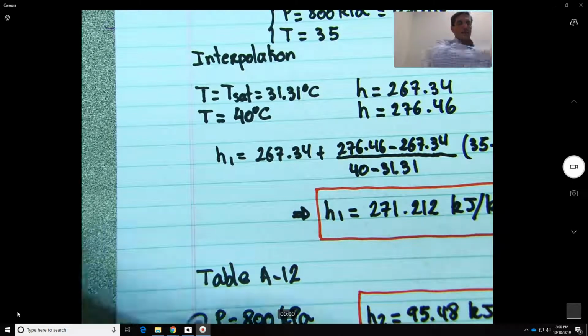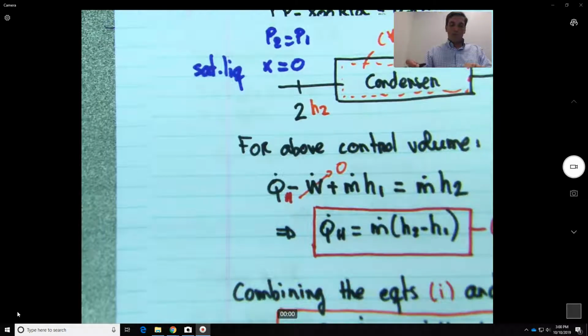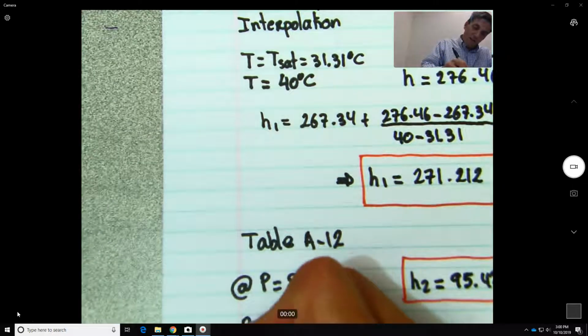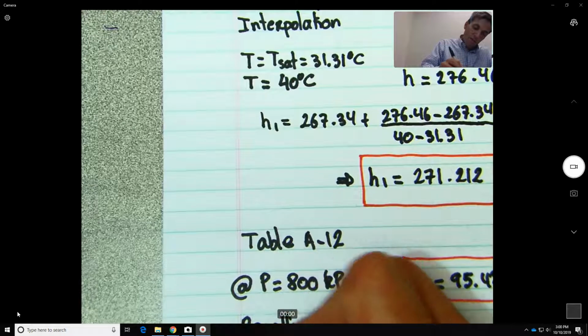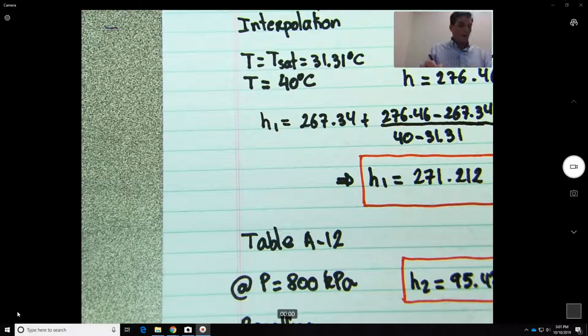All right, so finally, let's just recall this expression over here. So recalling the equation, coefficient of performance equal to m times H2 minus H1 divided by the power.